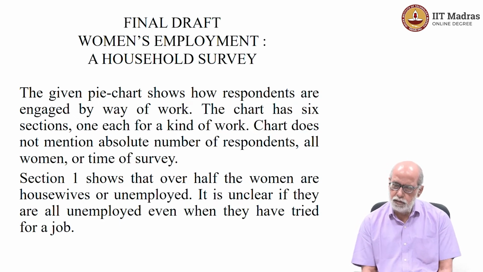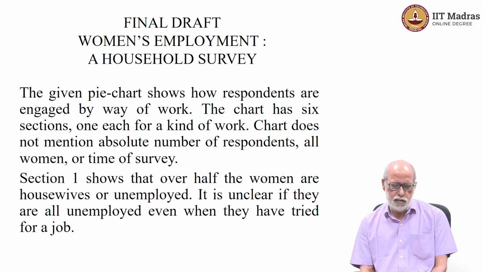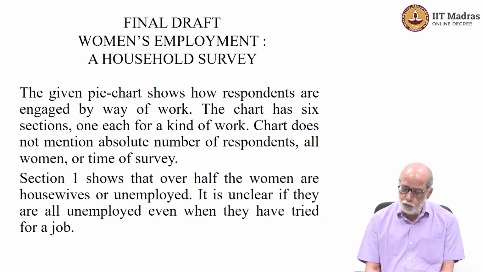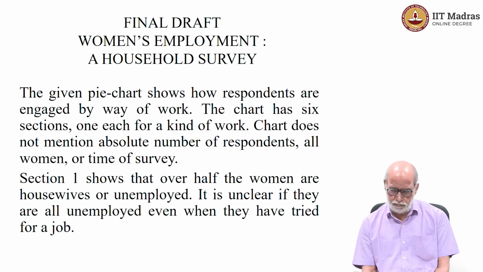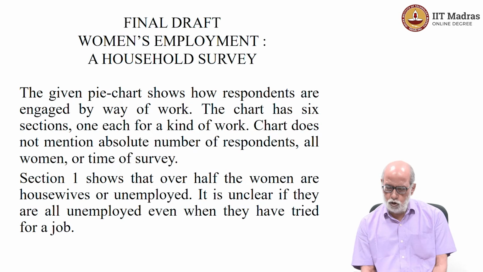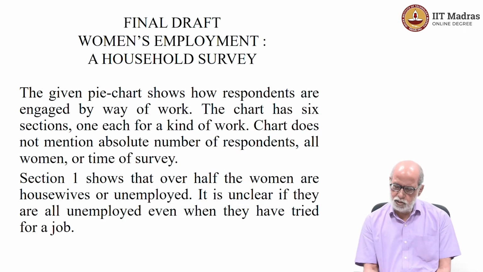But for some reason, this pie chart has done so. And that is why it is unclear if they are all unemployed or only some. It's not clear how many of them tried to find a job and could not get a job outside their homes. To that extent, that section of the data is misleading.